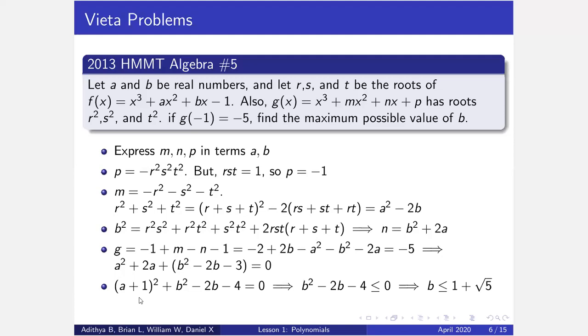So our final answer is that the maximum value of b is 1 plus root 5. And we also need to check that this value is achievable, but as our work shows, this is pretty clear. It's achievable when a is equal to -1, since then the last equality is 0 plus 0 equals 0.